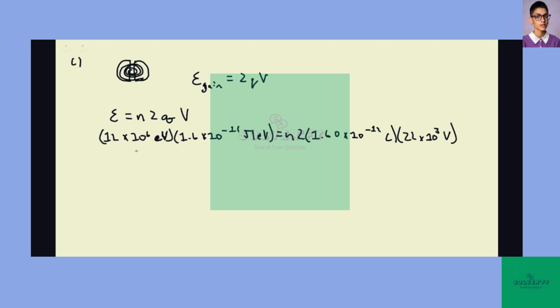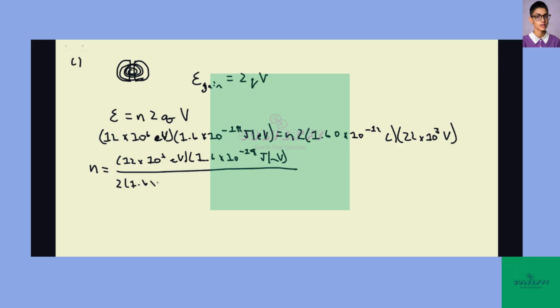All right, so now we can solve for N. N, the total number of revolutions it needs to take, is equal to 12 times 10 to the 6th electron volts times 1.6 times 10 to the minus 19 joules per electron volt, divided by 2 times 1.6 times 10 to the minus 19 coulombs times 22 times 10 to the 3rd volts.